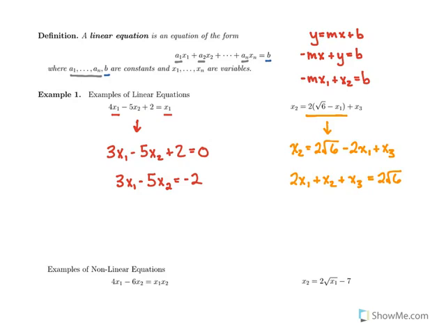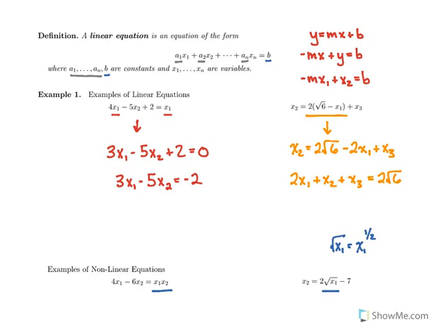Let's look at examples of nonlinear equations. What doesn't work in these examples: in the first one I have an x1 times an x2, and in the other one I have a square root of x1. Both of those don't work. The square root of x1, remember, means the same thing as x1 to the 1/2 power.